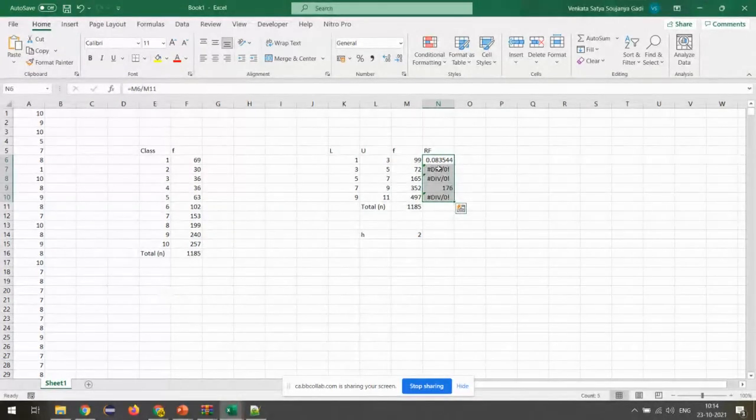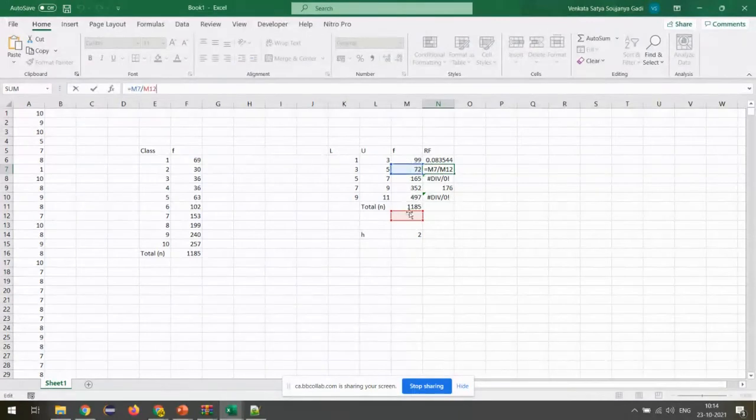When we copy, it's giving a divide by 0 error because when we copy in Excel, both the rows are changing. Here I wanted to divide 99 by this number, but here I want to divide 72 by the same number.